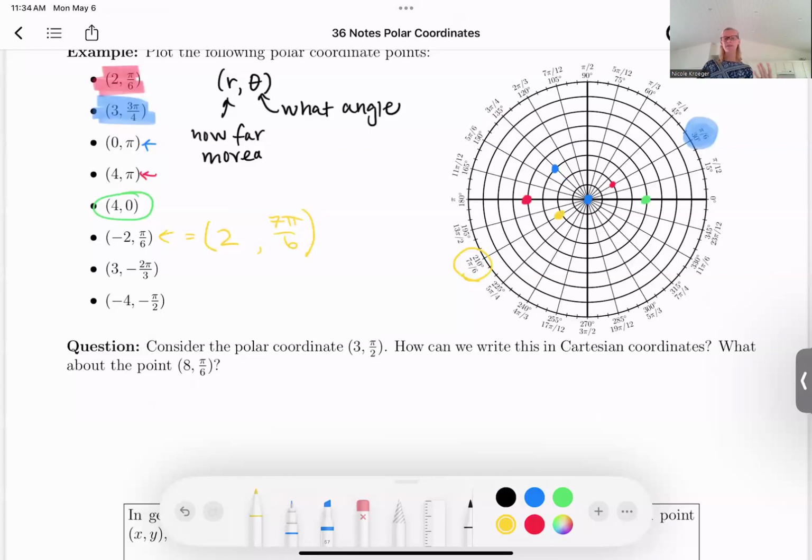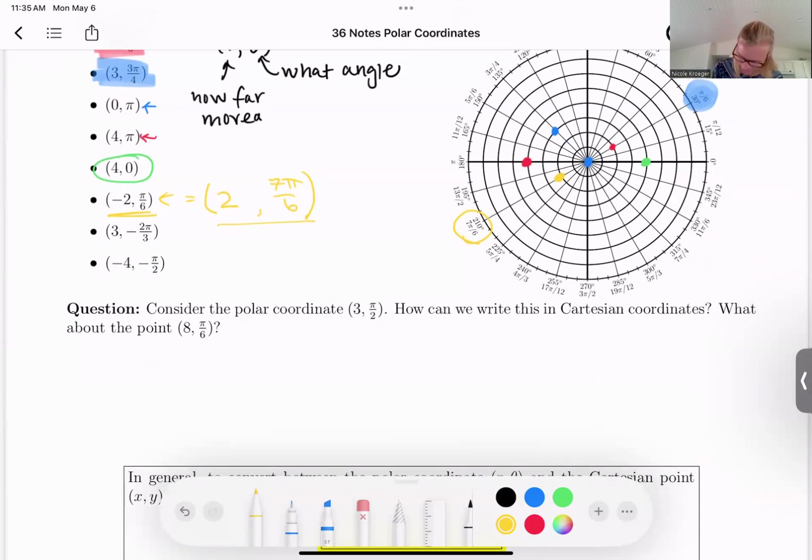I've moved 5 units in the X direction and 2 units in the Y direction or something like that. Here we have multiple ways of representing the same point. I can say I traveled to pi over 6 and then I went backwards 2 units. That's this one. Or I could say I traveled to 7 pi over 6 and then went positive 2 direction. So these are equivalent. There are infinitely many equivalent ways to represent a single point in polar coordinates, which is kind of fun.